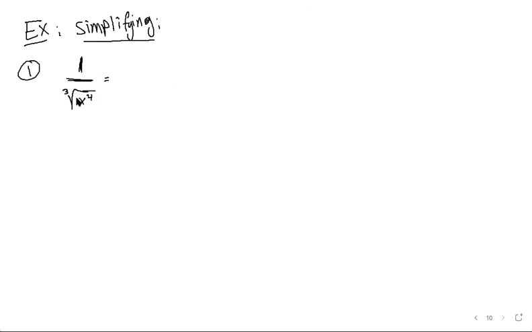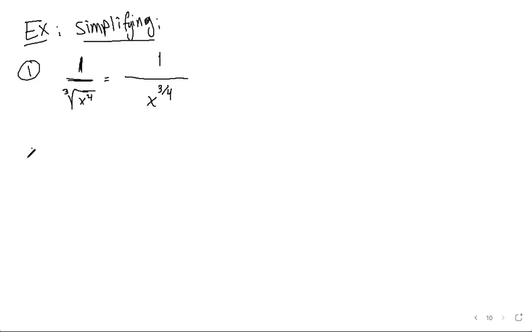I want to keep everything down, and I don't want to change the sign. Oh, it's going to be 1 over x. No, here we have the third root of x to the 4th.